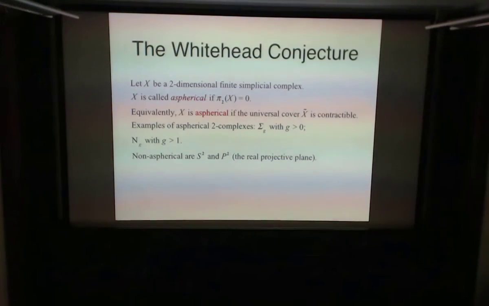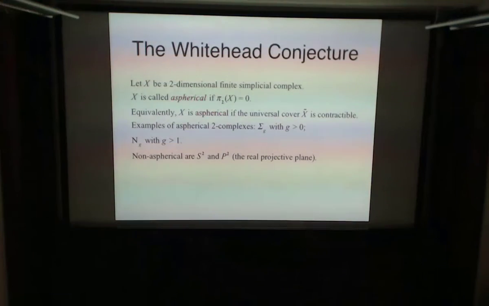First we need to define what aspherical means. We look at a 2-dimensional finite simplicial complex. We say it is aspherical if the second homotopy group of X is 0. Equivalently, X is aspherical if the universal cover is contractible. This is equivalent for 2-dimensional complexes.